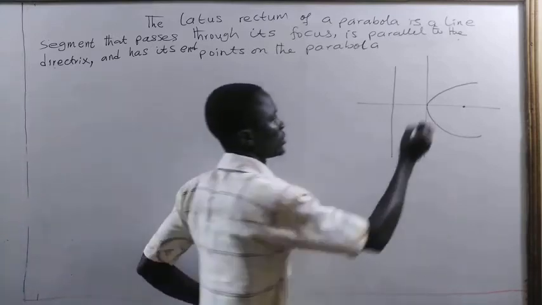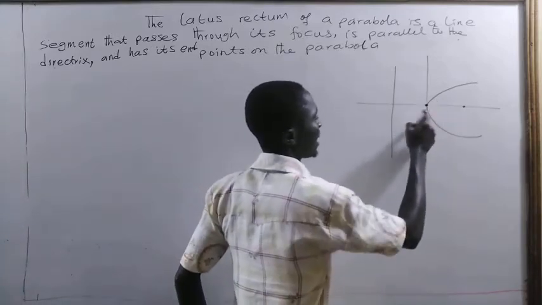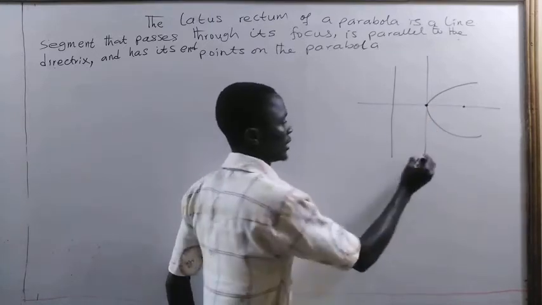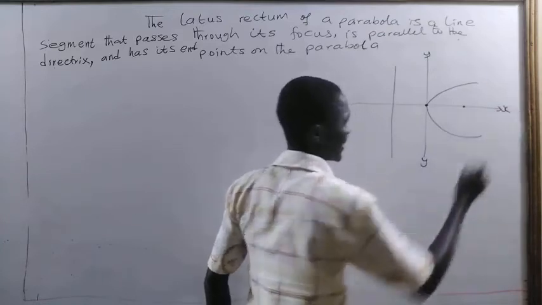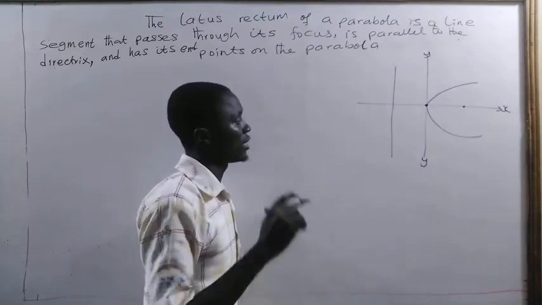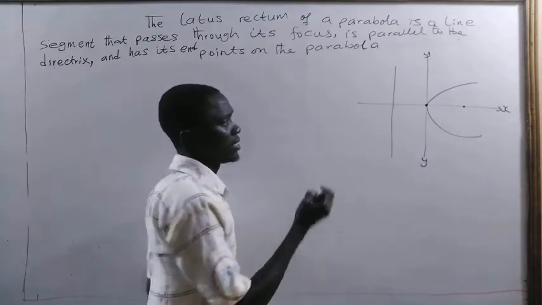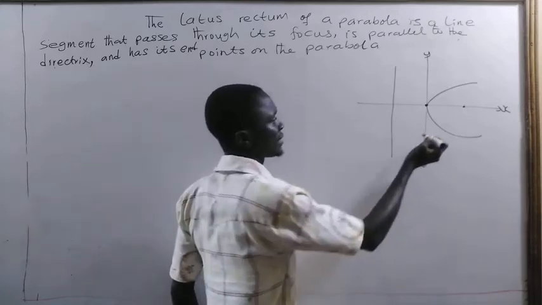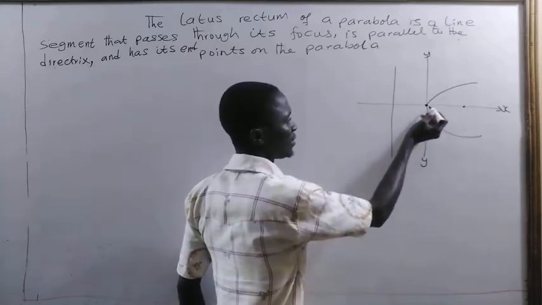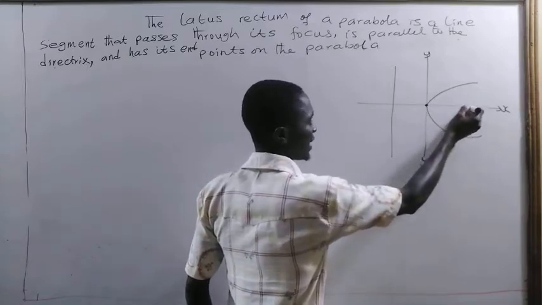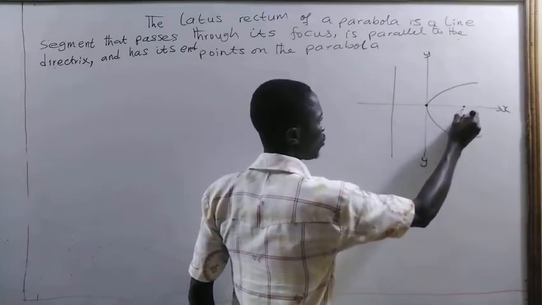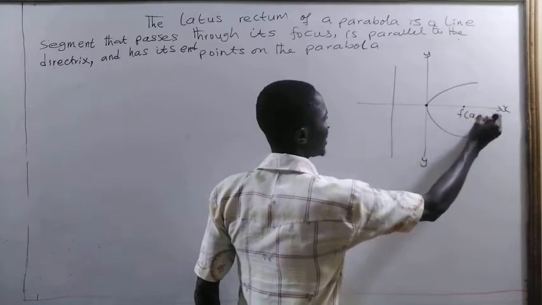So now, here we are going to consider the vertex at the origin. This is our y-axis and this is our x-axis. So now, if we assume that the distance between the vertex and the focus is a, then at this point, we are going to get the focus as (a, 0).